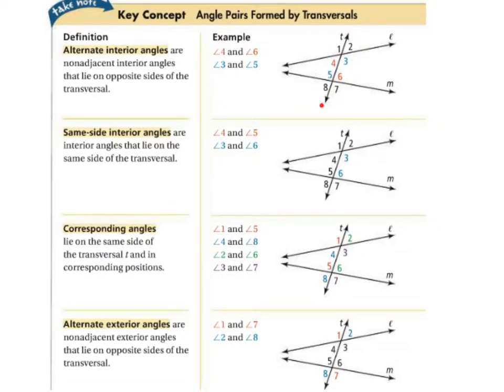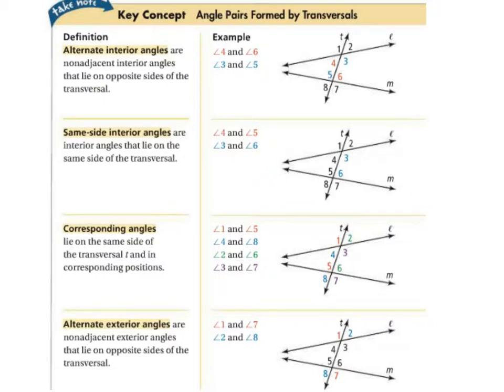You can see all 8 angles labeled here. Those 8 angles, as we grab sets of those angles, they create a certain angle pair name. And we have names on this. So if you look at these 2 lines, we have angles that are inside of the 2 lines. These colored ones are inside, and then we have these ones that are on the outside there.